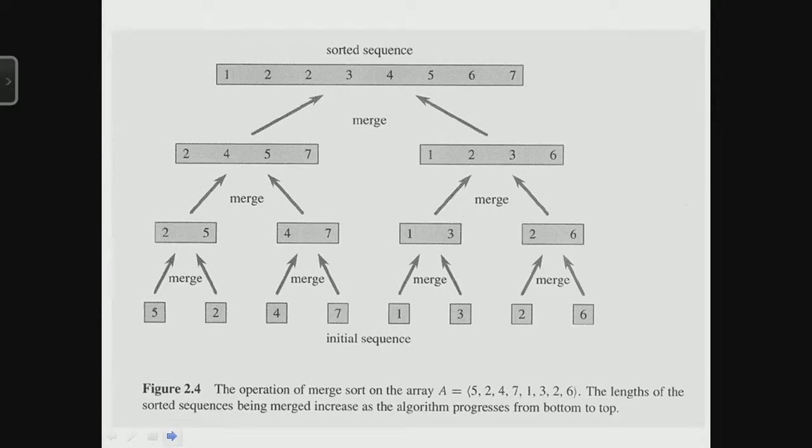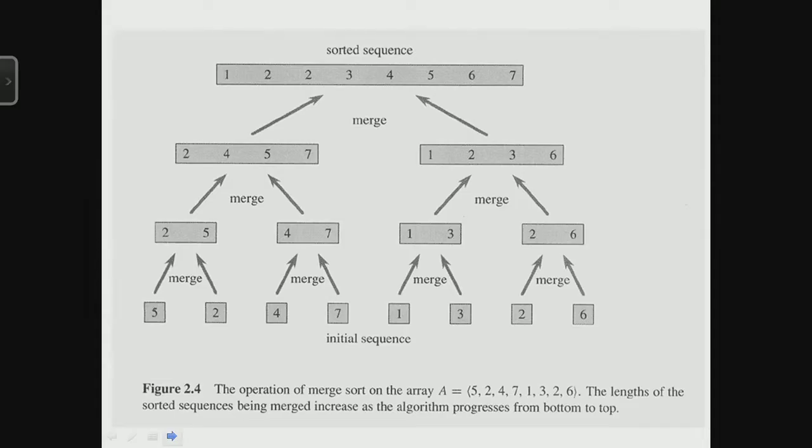The right sibling of the array 2, 5 is 4, 7, which is obtained by merging the two single-element arrays 4 and 7. Now 2, 5 and 4, 7 are merged to give the array 2, 4, 5, 7, and eventually the whole sorted sequence is obtained at the root of this recursion tree.